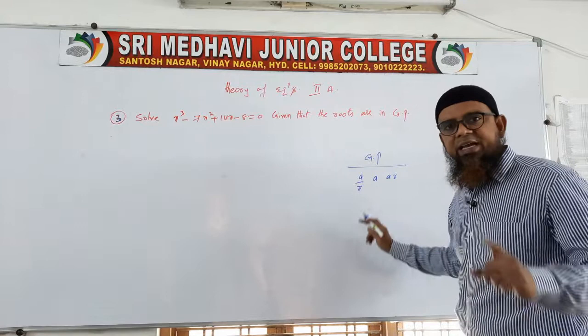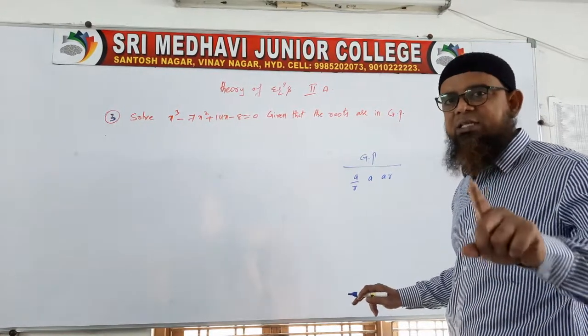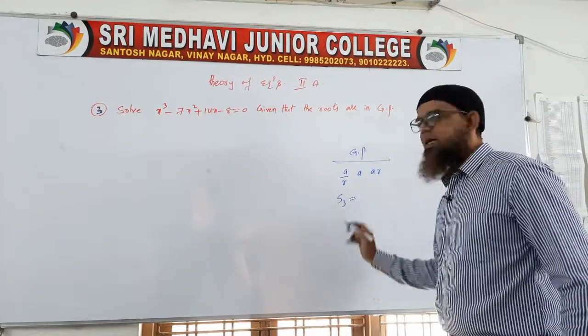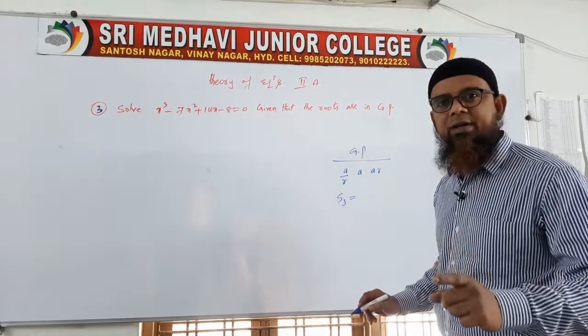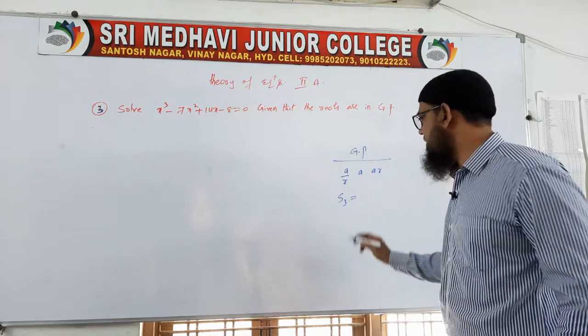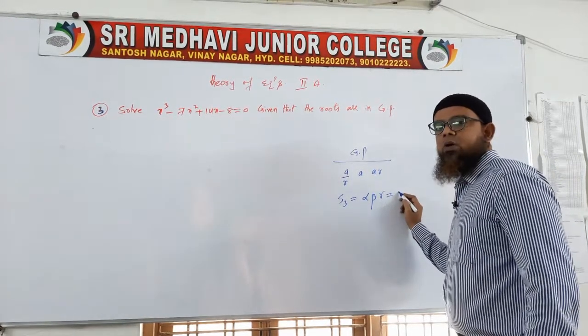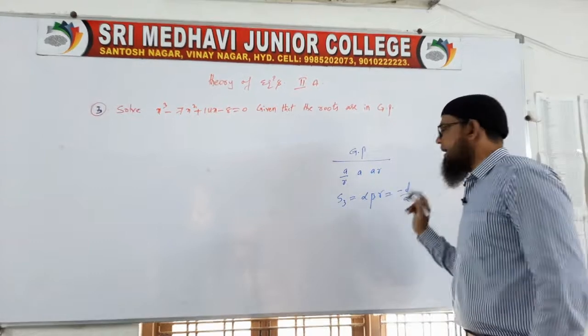Instead of S1, as we applied in AP, in GP we apply S3. S3 means alpha into beta into gamma. As you know the formula, alpha into beta into gamma is equal to minus d by a.